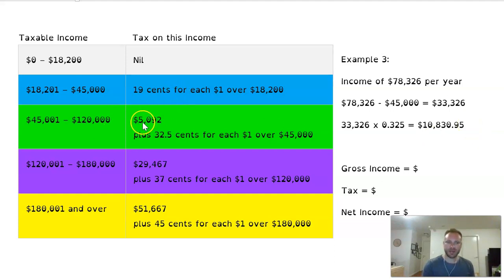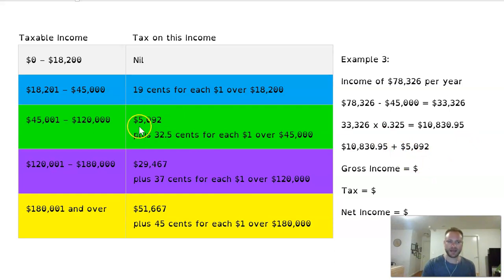Now, the difference here with this lot is that we have to actually add it to that original number that we've been given, which we did previously, but the number was 0, so it was quite easy. So in this case, you've got $10,830.95, and we will add that to our number of $5,092. That's taken from here.